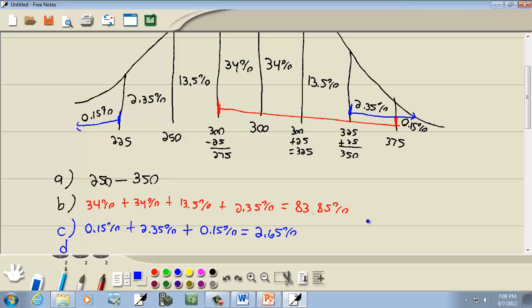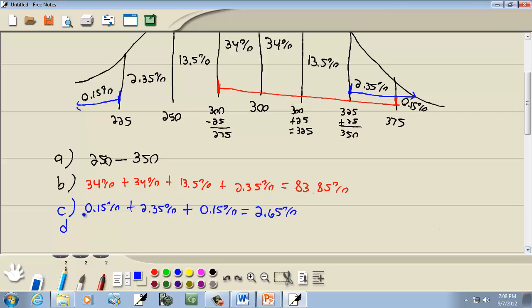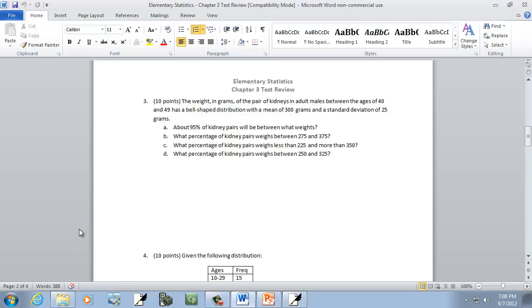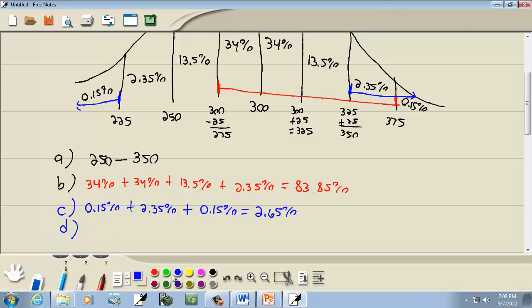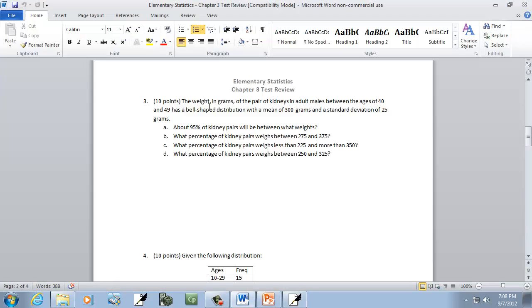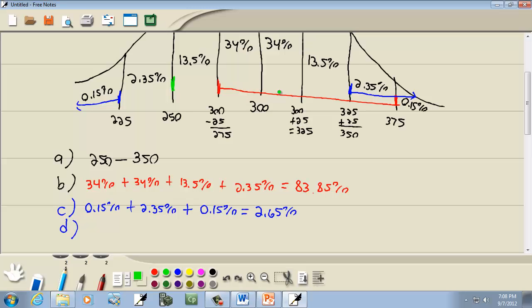And D. D says, what percentage of kidney pairs weigh between 250 and 325? Here's 250, and 325 is right here. So we'll be adding together those three blocks.